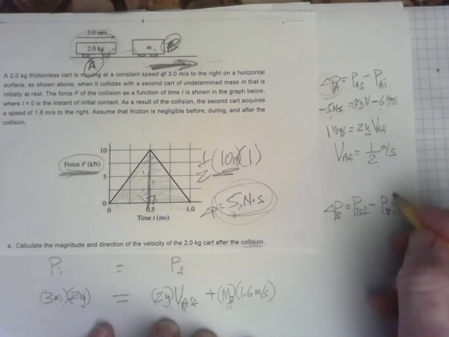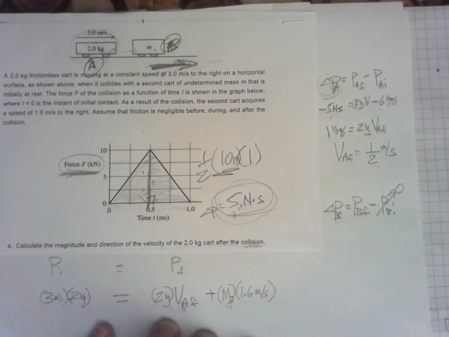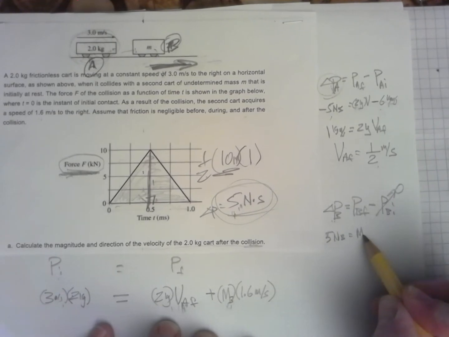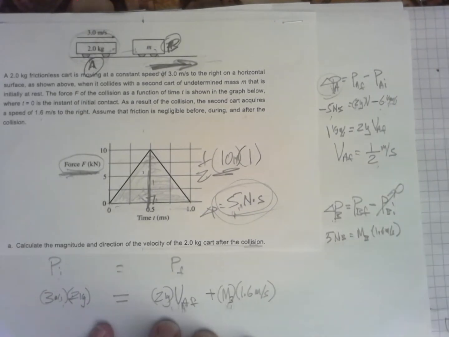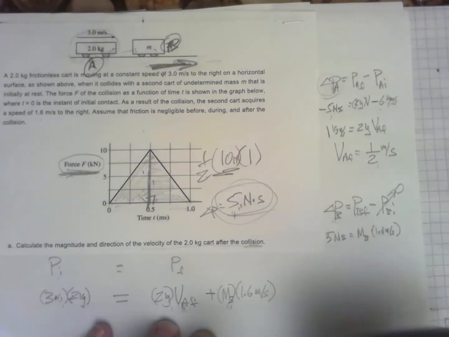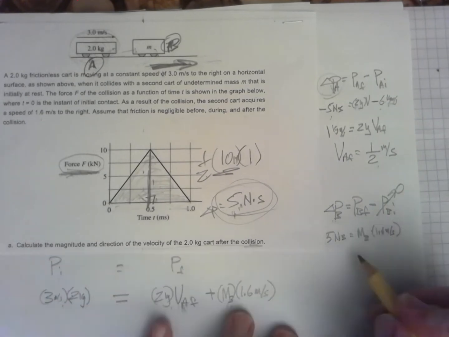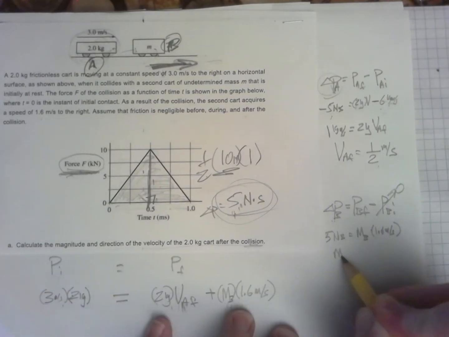But B's initial momentum was 0 as it was at rest. So its change in momentum, which was +5 Newton seconds, is equal to the unknown mass times 1.6 meters per second, the speed that it was going afterwards. So if I divide that, 5 divided by 1.6, I get 3.125. So the mass of B is 3.125 kilograms.